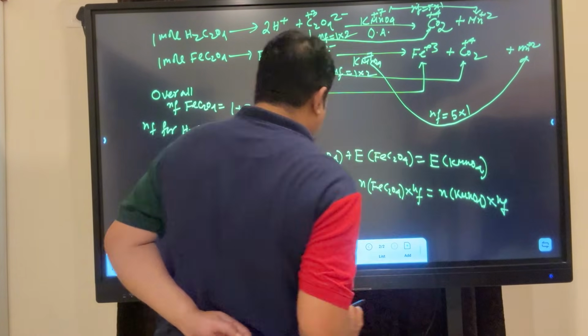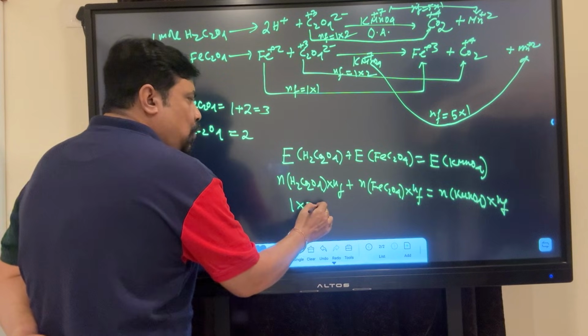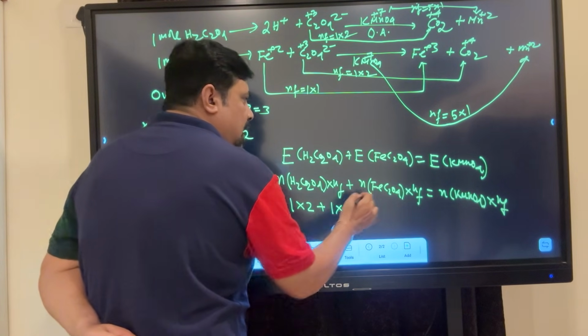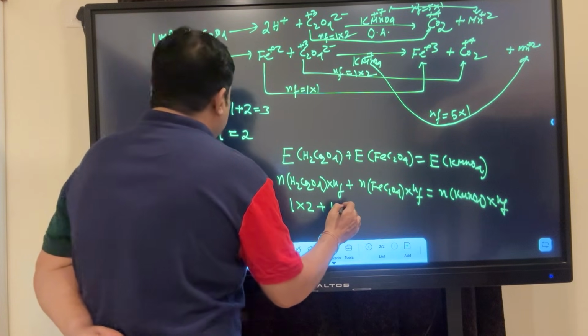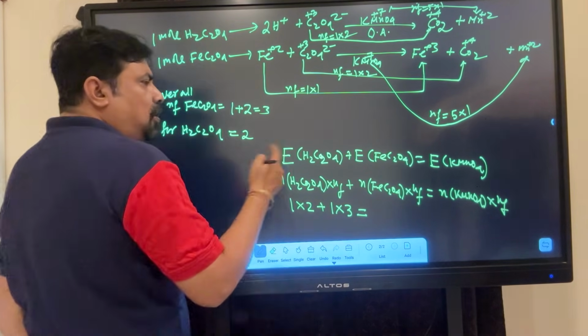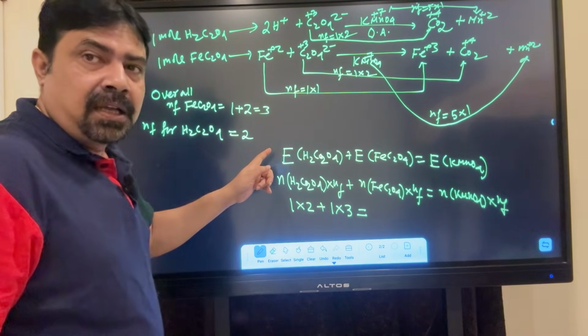Now for the number of moles, oxalic acid is given as 1 with N factor 2, and ferrous oxalate in the mixture is 1, with overall N factor 3, because 2 plus 1. And for KMnO4, they are telling 0.1 molar KMnO4 is utilized.